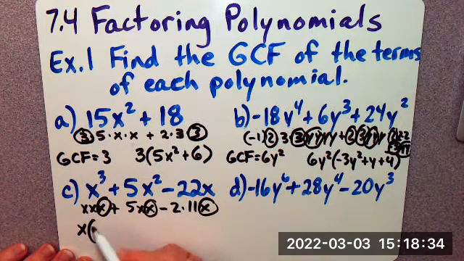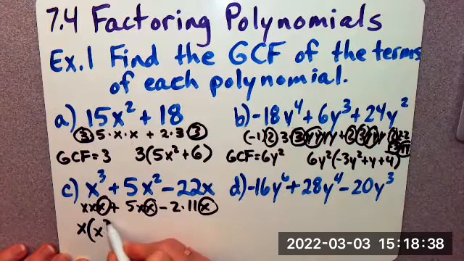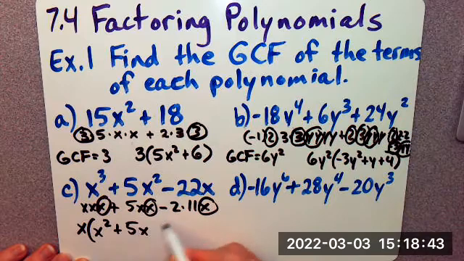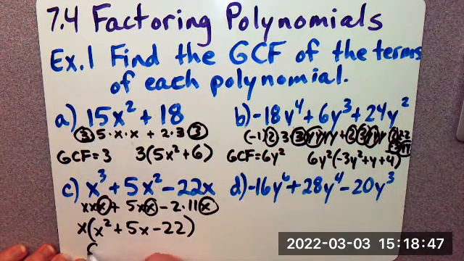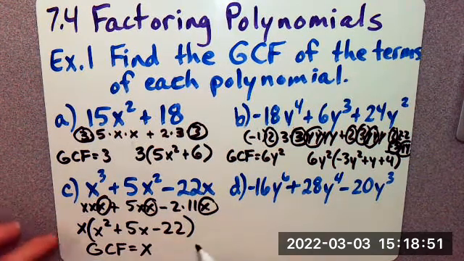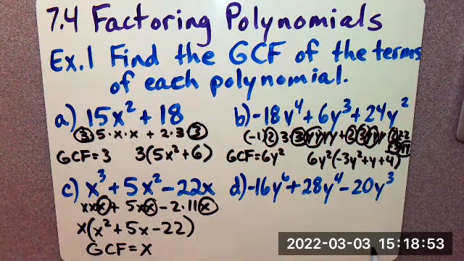That gives us x, and then what's left over is x squared, 2x is here, plus 5x, and then minus 22. So our greatest common factor here was x, and that's what it would look like factored.